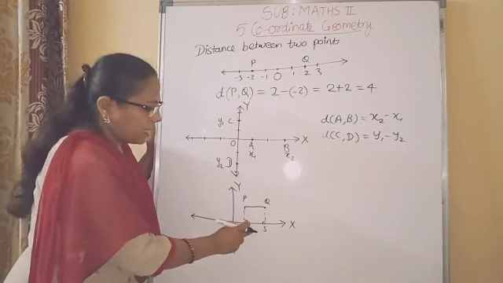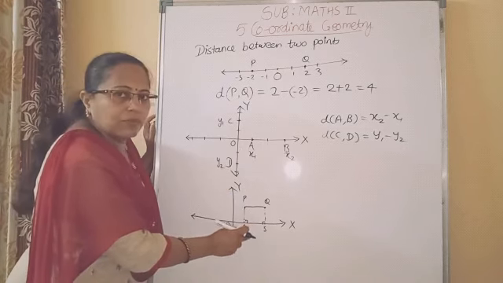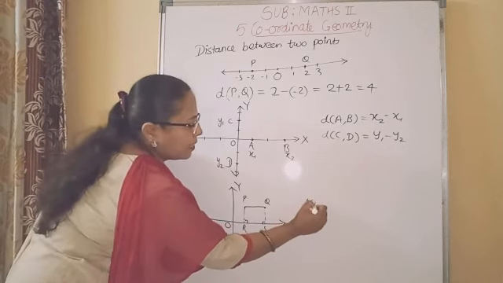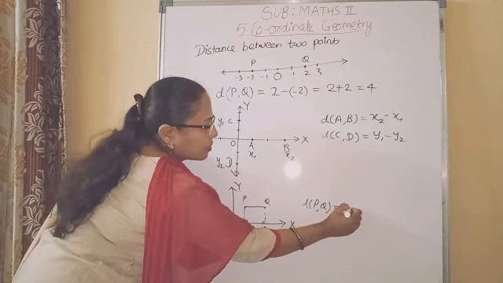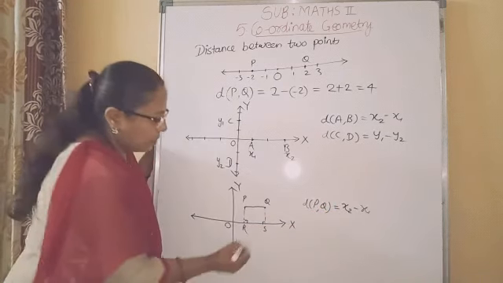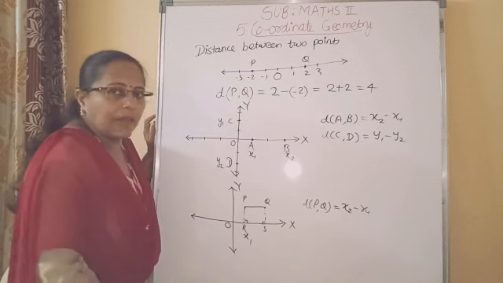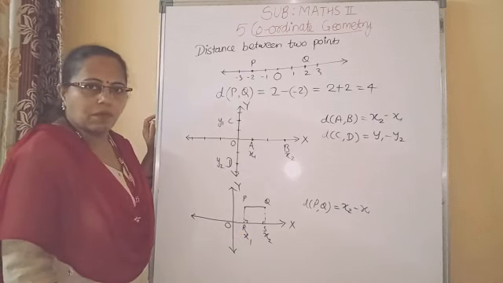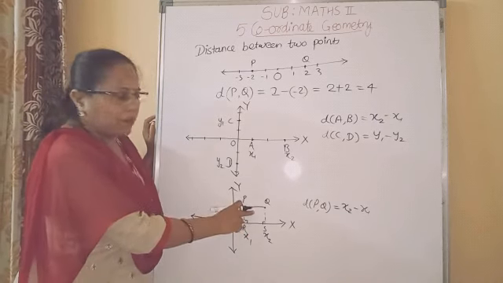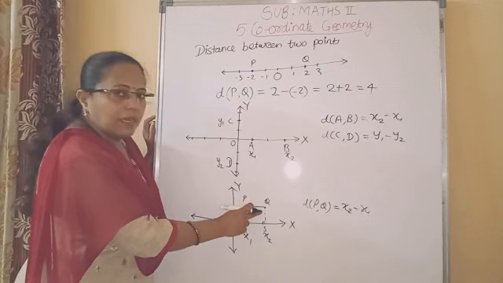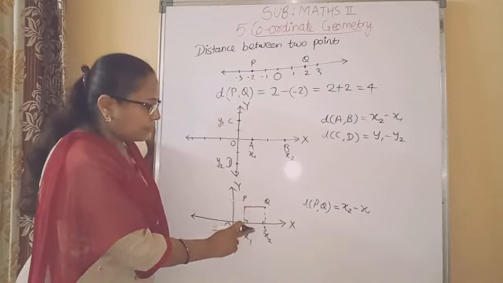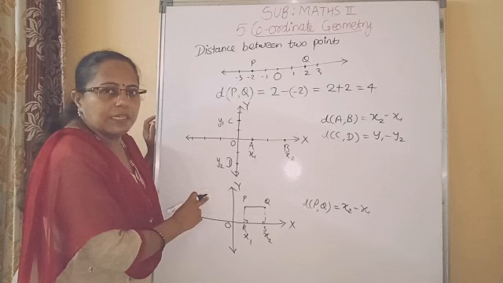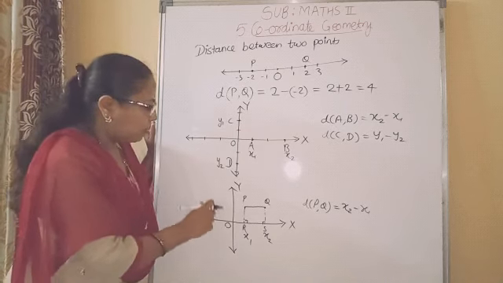According to the formula, with the coordinates of R as x1 and of S as x2, we get x2 minus x1. So distance PQ is x2 minus x1. Followed? This way we can find the distance between 2 points if the segment joining them is parallel to the x-axis. Next we will see the condition when the segment joining the points is parallel to the y-axis.